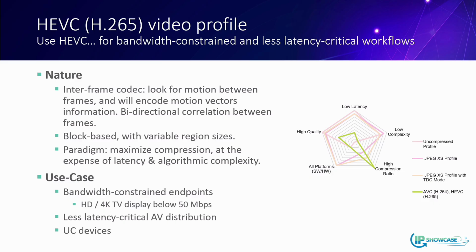So some of the use cases include, for example, products where you have bandwidth-constrained endpoints. For example, if manufacturers want to turn an existing display into an AV over IP endpoint with IPMX, then you've got a very small network interface that isn't able to fit a high bandwidth. So therefore, you would go for that kind of codec.